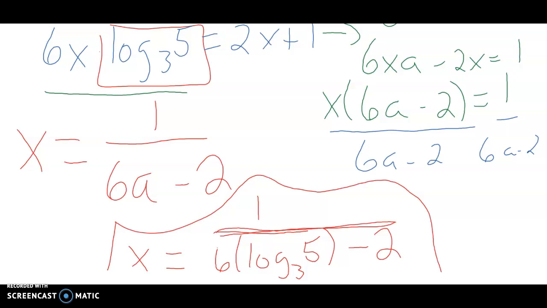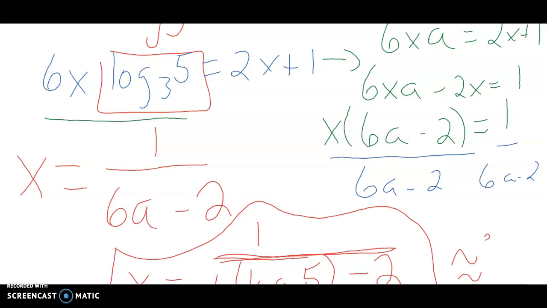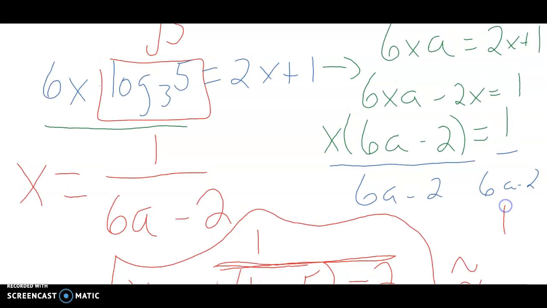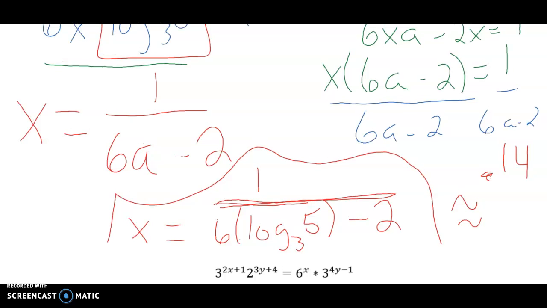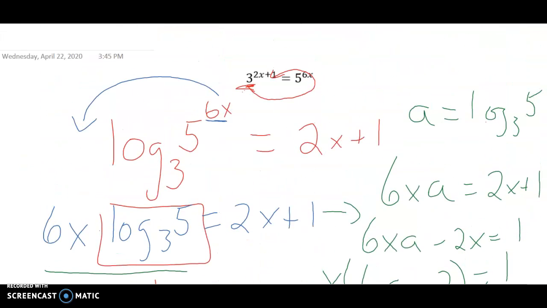Okay? And if you were to take out your calculator and type that in, you will get a decimal. It's around 0.147. So basically we're saying, if we come up here in the beginning and you take 0.147 and plug it in for x there and there, that will make the equations equal.